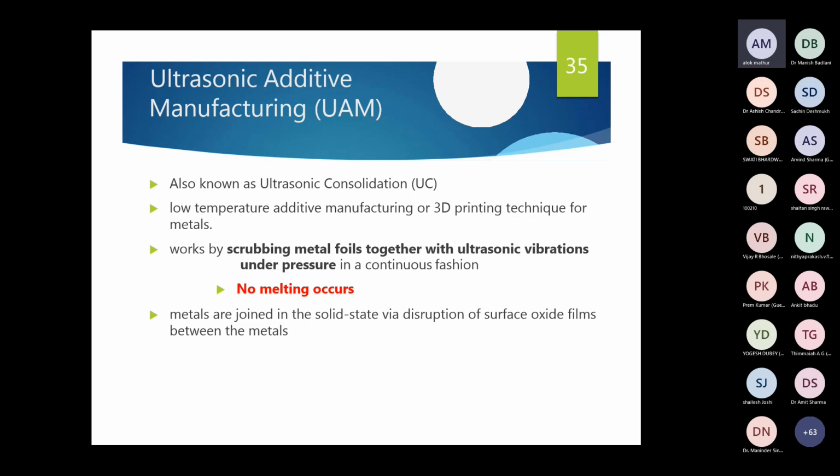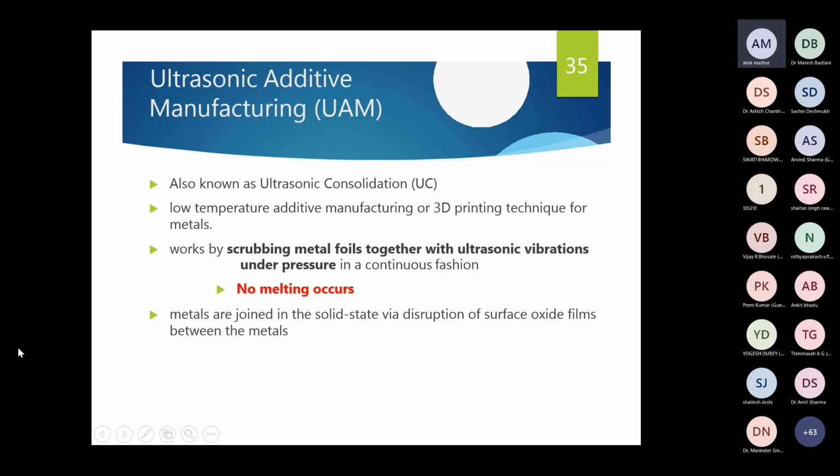No melting occurs. This is the specific thing with this method, that no melting is there. Metals are joined in the solid state via disruption of surface oxide films between the metals.